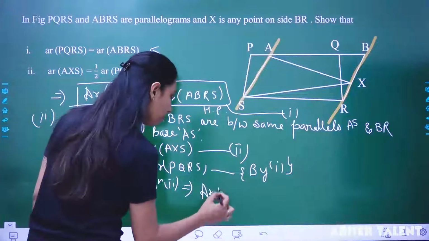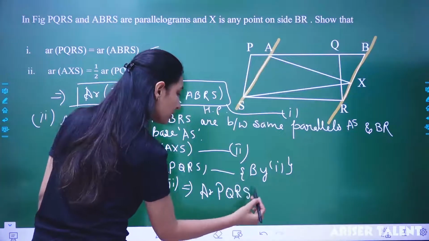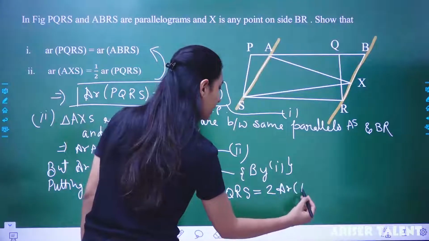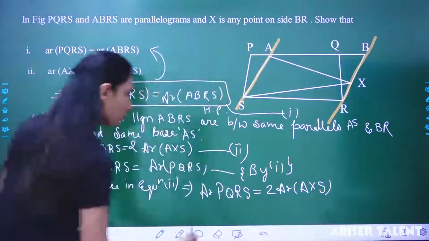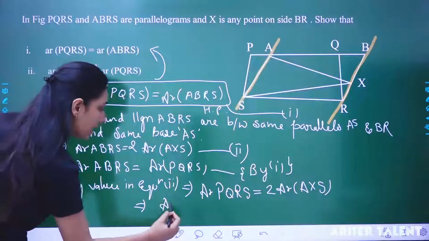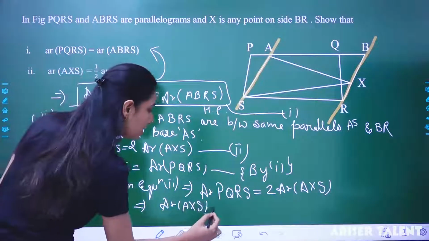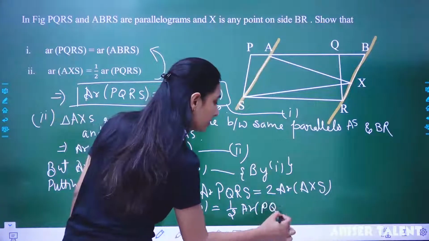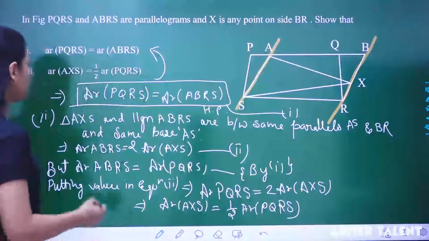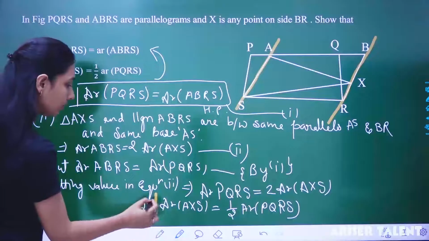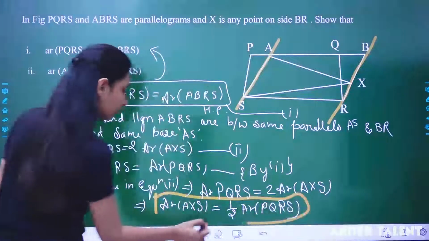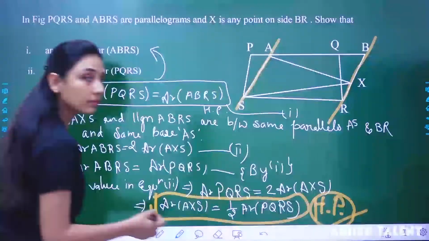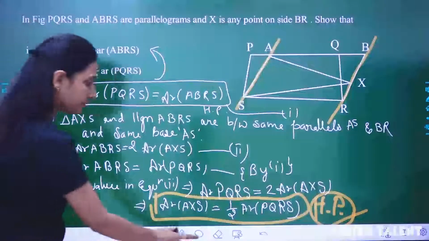So, area PQRS is equal to half area AXS, or you can write that area AXS is equal to half area PQRS. Okay. So, this is what we have to prove. Okay, so note it.